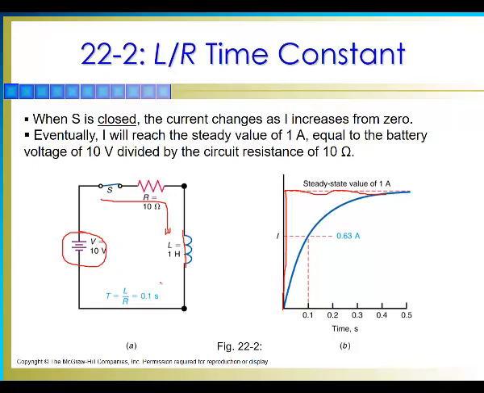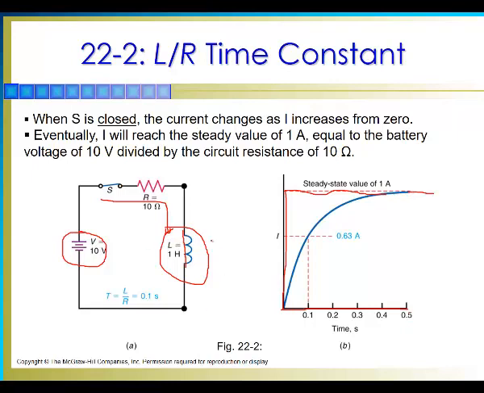There is a change, so there will be a reactance to that change in current until it gets to 1 ampere, and then it will remain like that, and the inductor will behave as a short circuit. That time it takes to go from 0 to 1 is called the transient response.